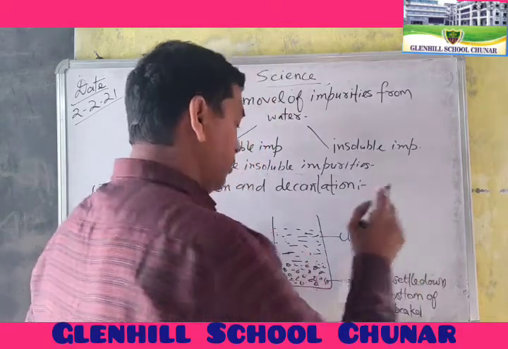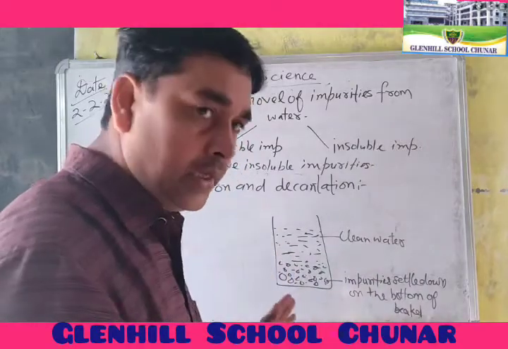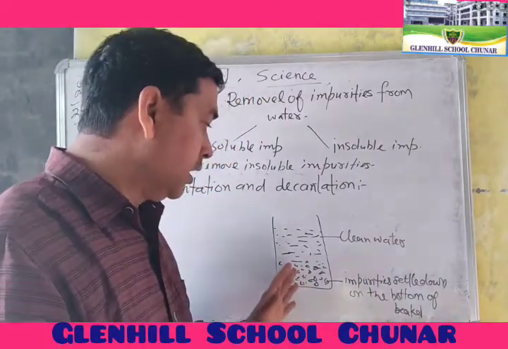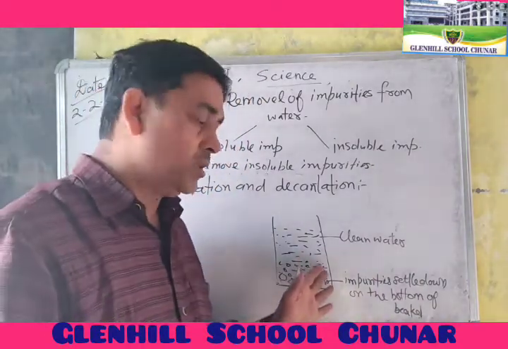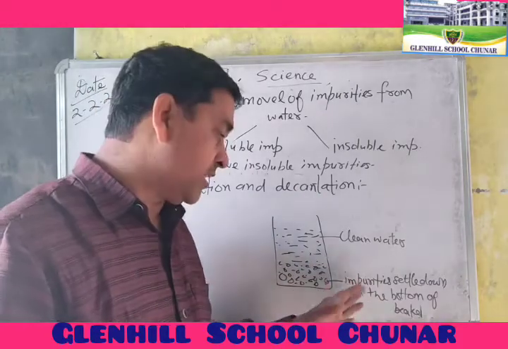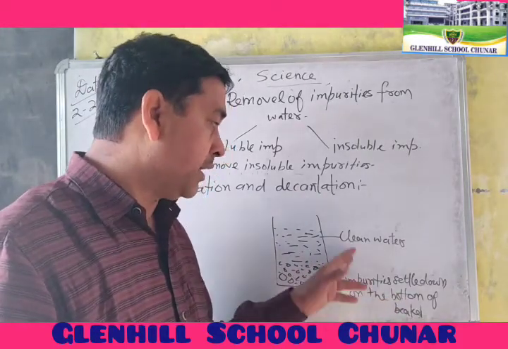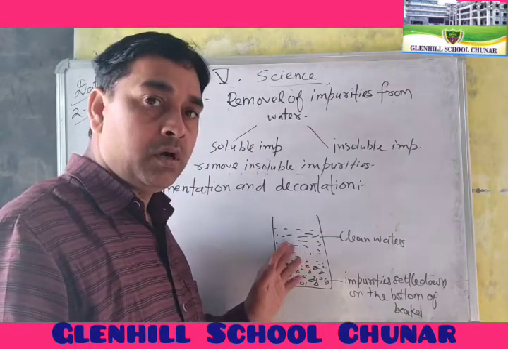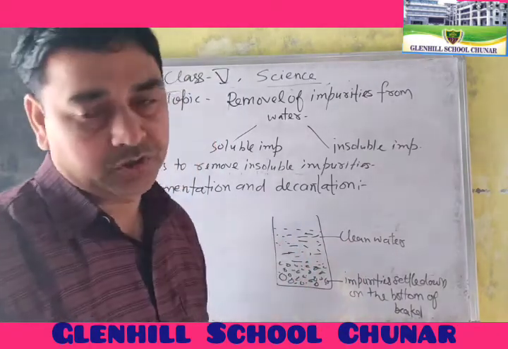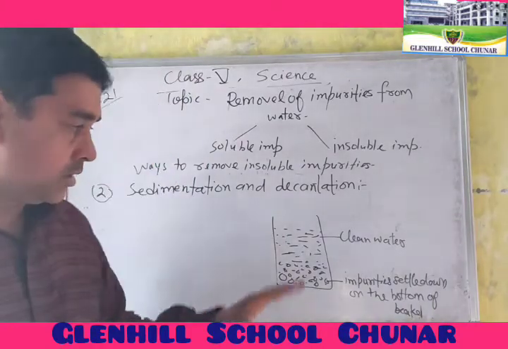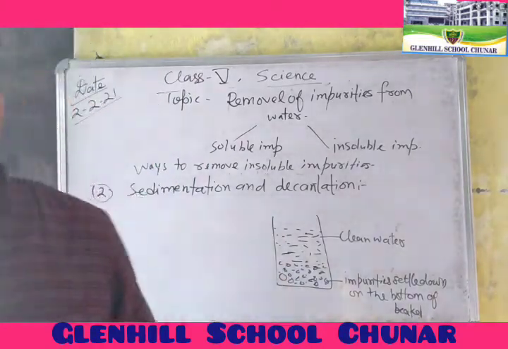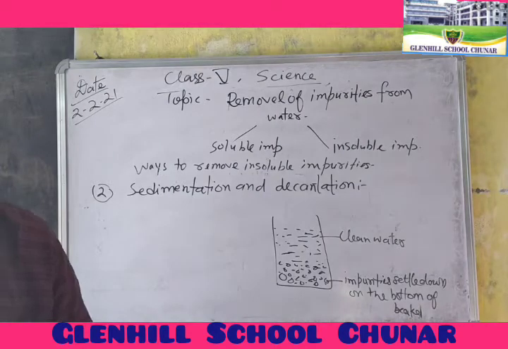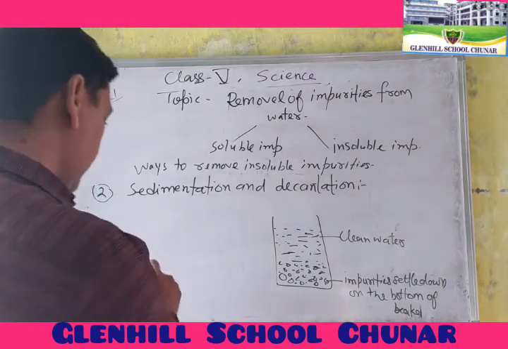When the beaker is left for a few hours, the heavy impurities settle down at the bottom of the beaker, and clean water is found on the upper surface of the impurities. This method is called sedimentation, and the clean water can be poured out into a separate container.